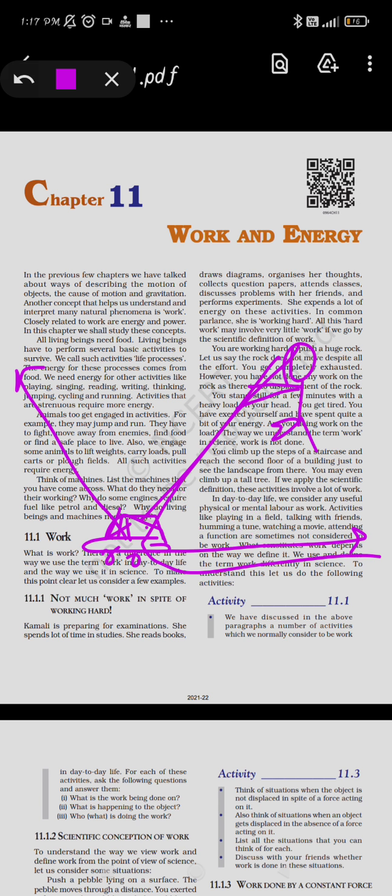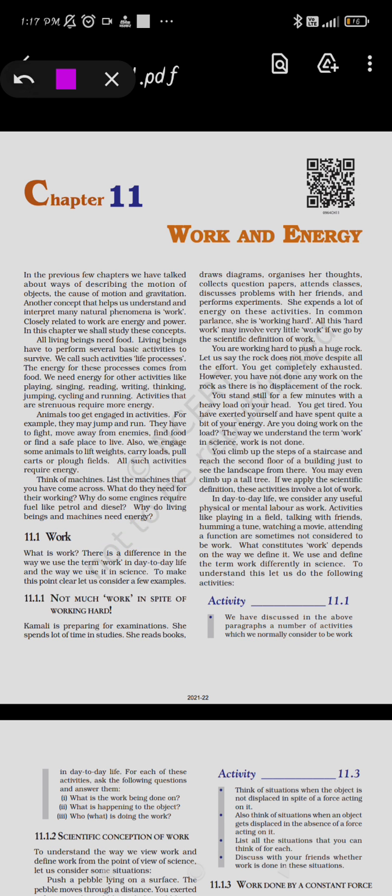Whatever value we take, theta is just an angle, so the angle can be 30, 45, 60, 90, 180, different angles we already know. Whatever angle we take, the work done will depend on that angle itself. With what angle we try to move the body or give the force on it, the work done will depend on that.